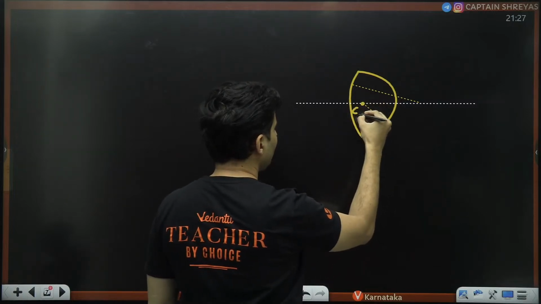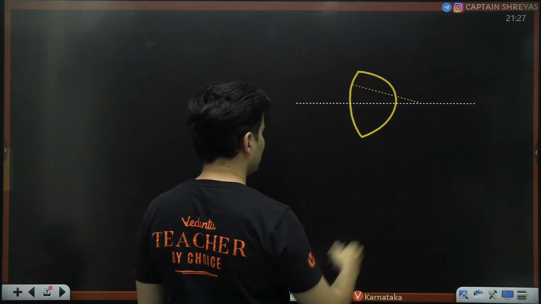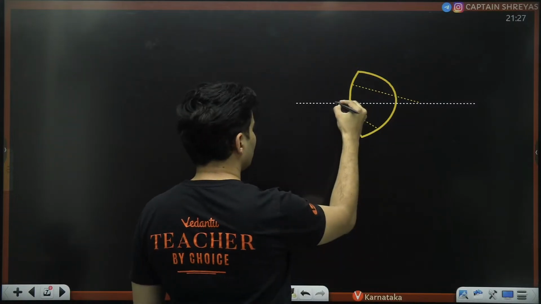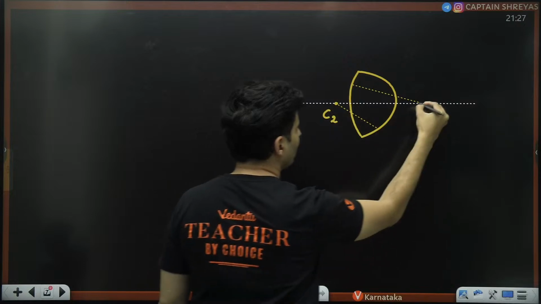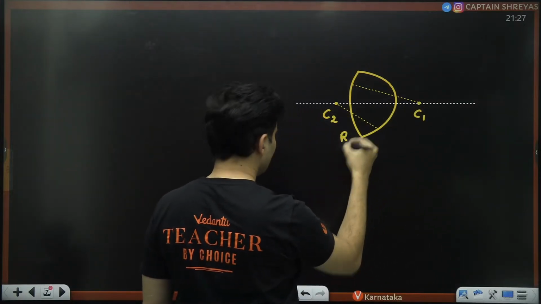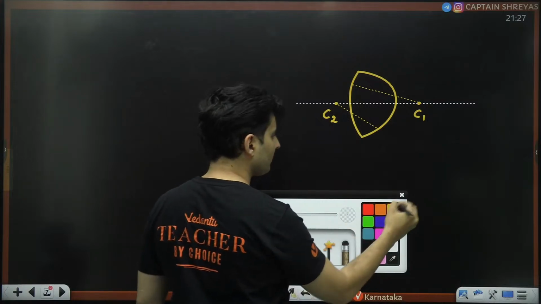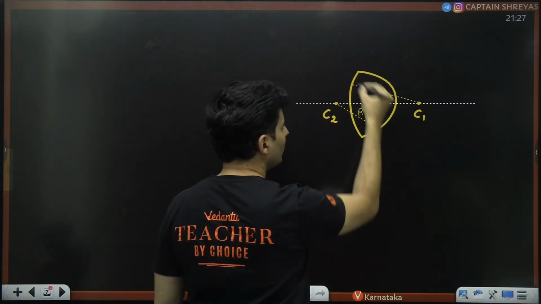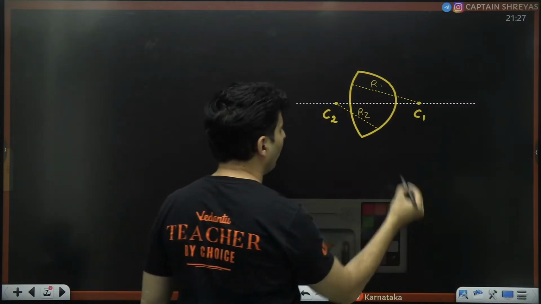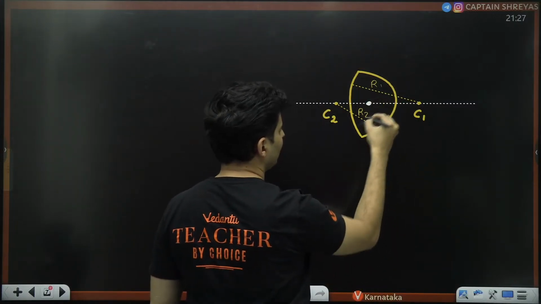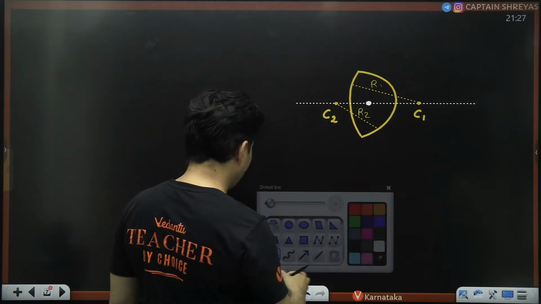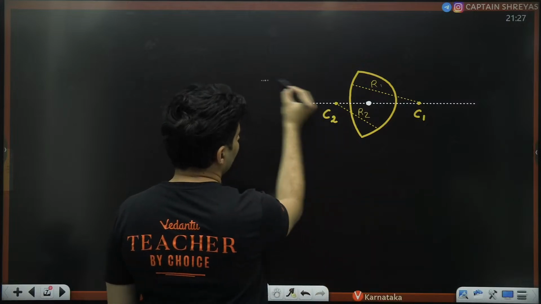This is C2, this is C1. This radius will obviously be R2, and this radius will obviously be R1. The actual pole will be here. This is the pole.